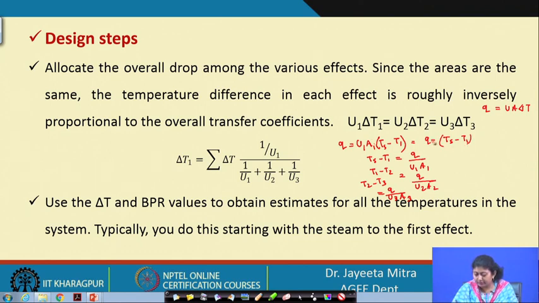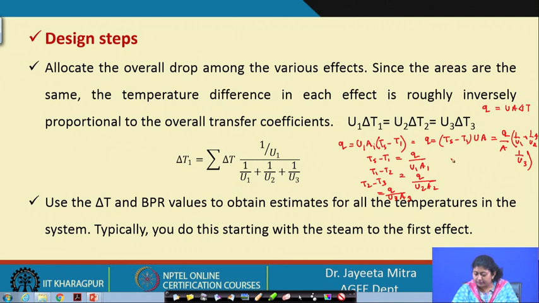So, Q will be equal to overall delta T into U into A. Since Q by A is the same, we can write 1 by U1 plus 1 by U2 plus 1 by U3.